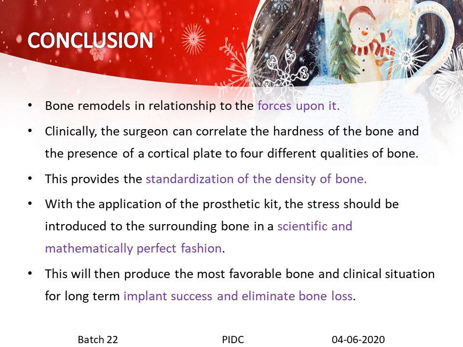This will then produce the most favorable clinical situation for long-term implant success and eliminate bone loss. So ultimately, the density of the bone is the main factor for deciding how you are going to place your implant. The site has to be checked prior to your implant placement.